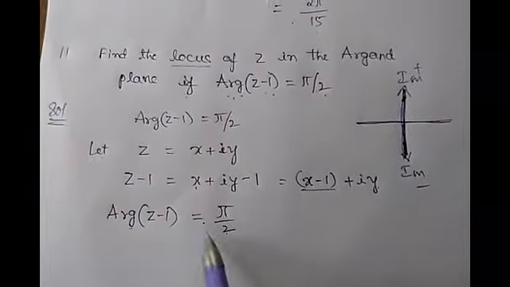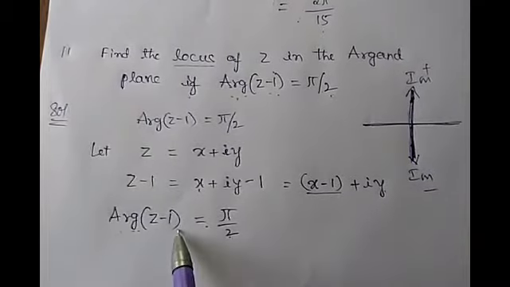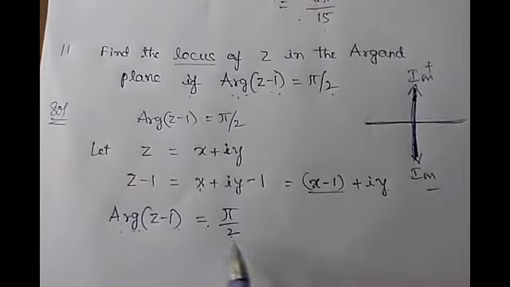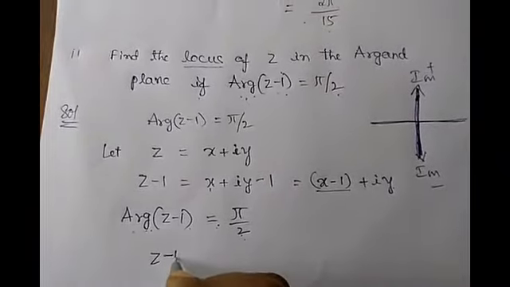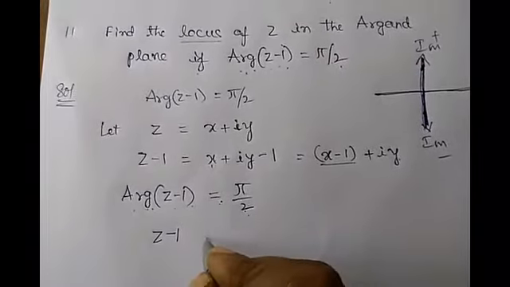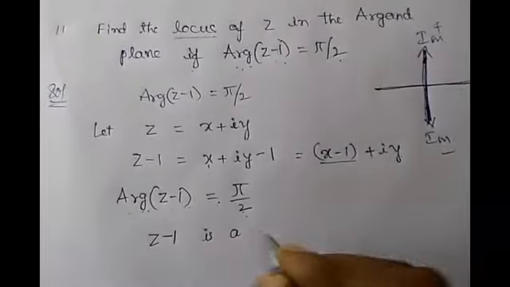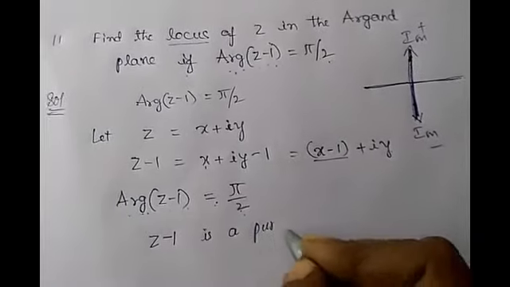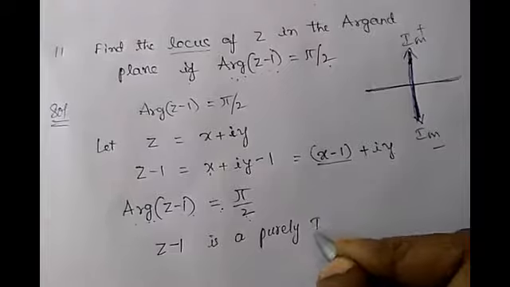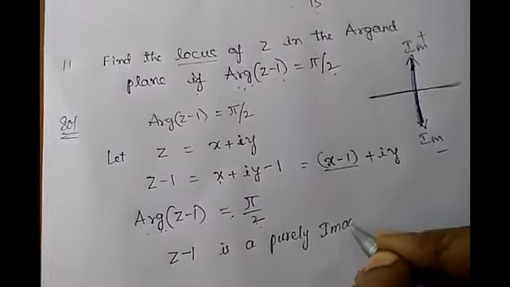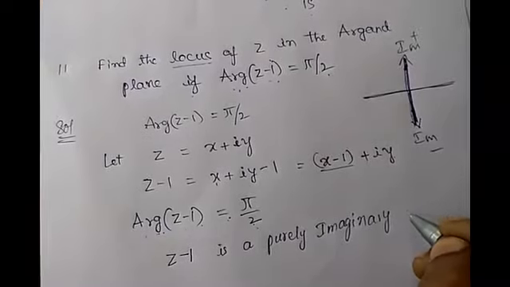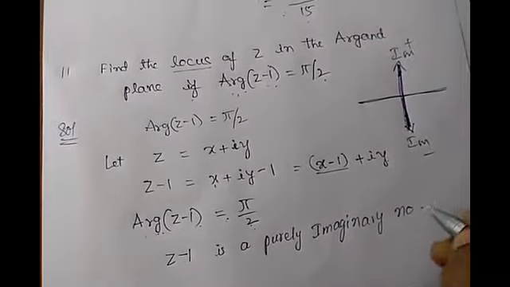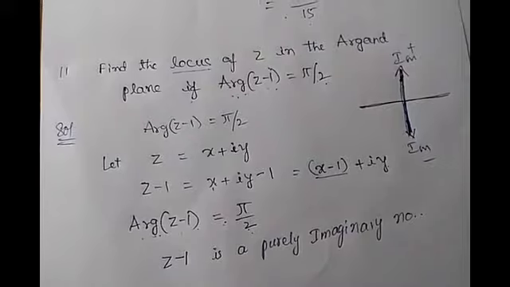Here we got pi by 2. Our argument of Z minus 1 is equal to pi by 2. So Z minus 1 must be a purely imaginary number. Purely imaginary number means what?